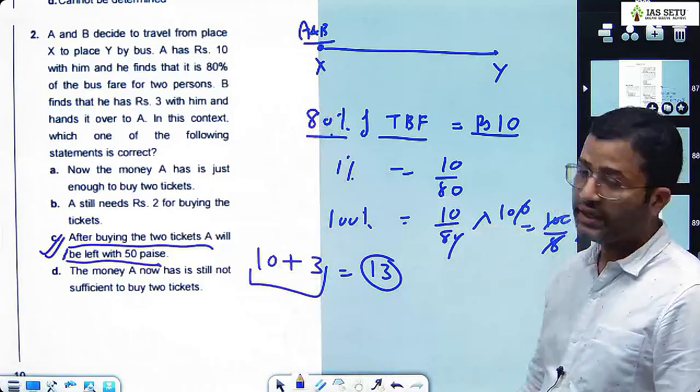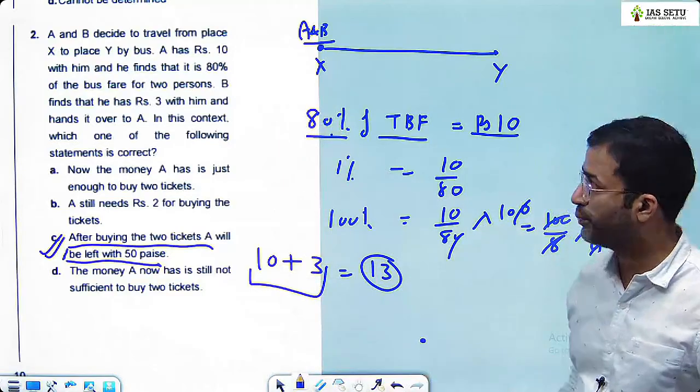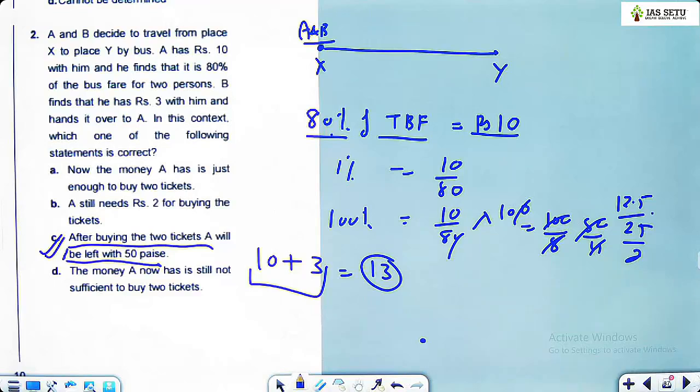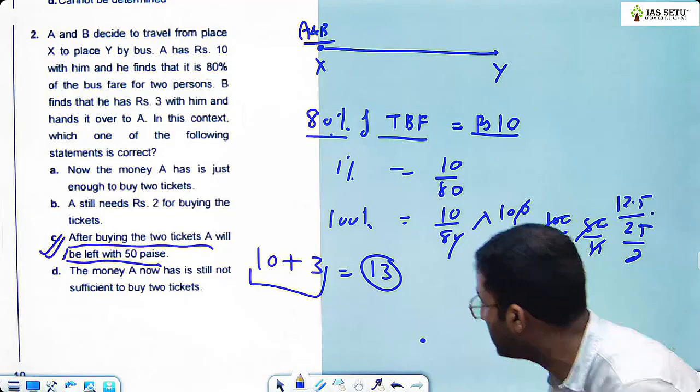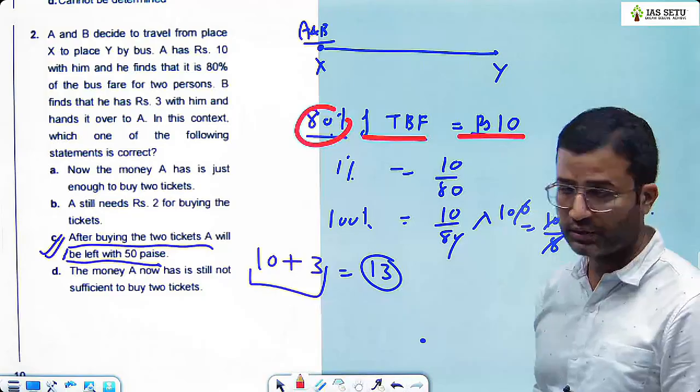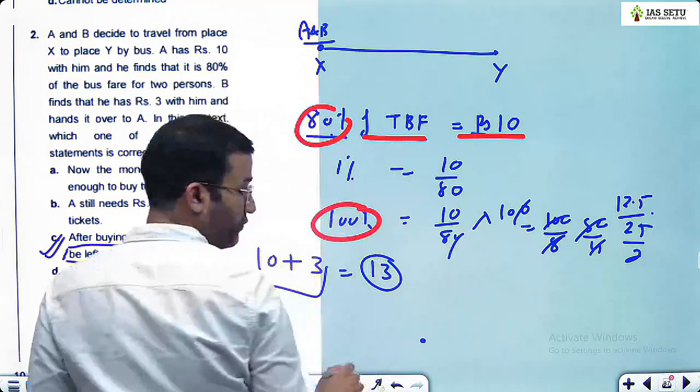A and B decided to travel from place X to place Y by bus. A has 10 rupees with him and finds that it is 80% of the bus fare for 2 persons. So 80% of the total bus fare is 10 rupees. We have to find the total bus fare, which is 100%.